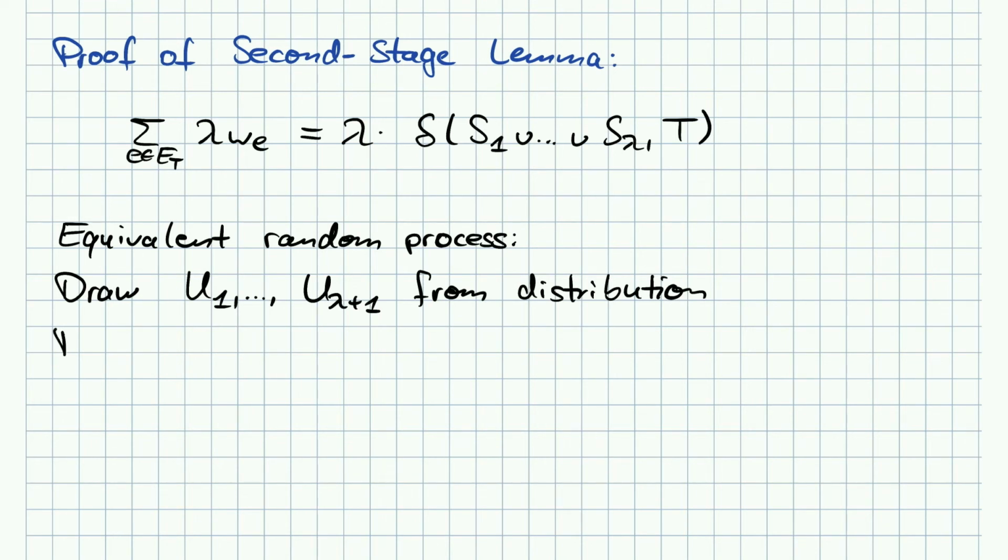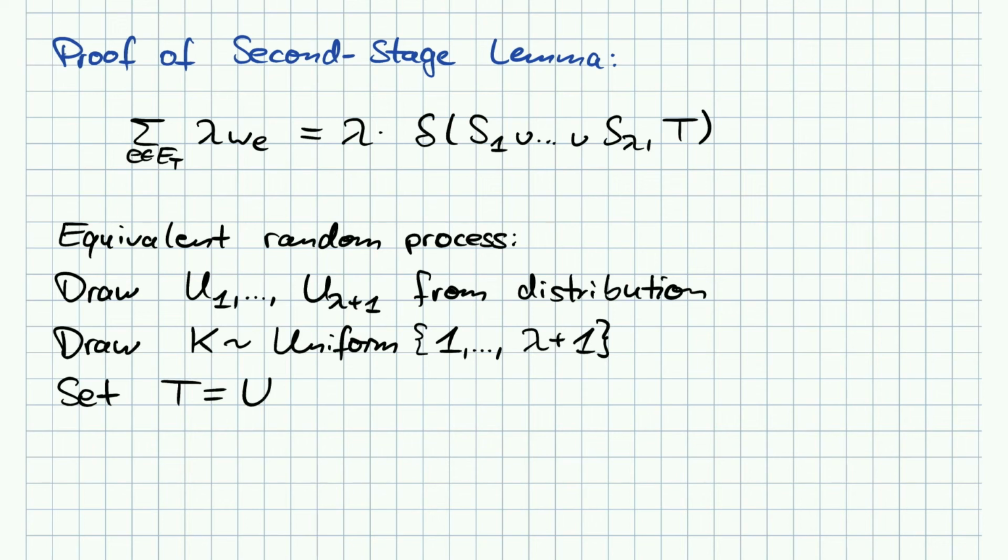And then we'll draw some capital K uniformly from 1 through lambda plus 1. And now we'll set T to be UK, and S1 through S lambda to be the remaining sets.